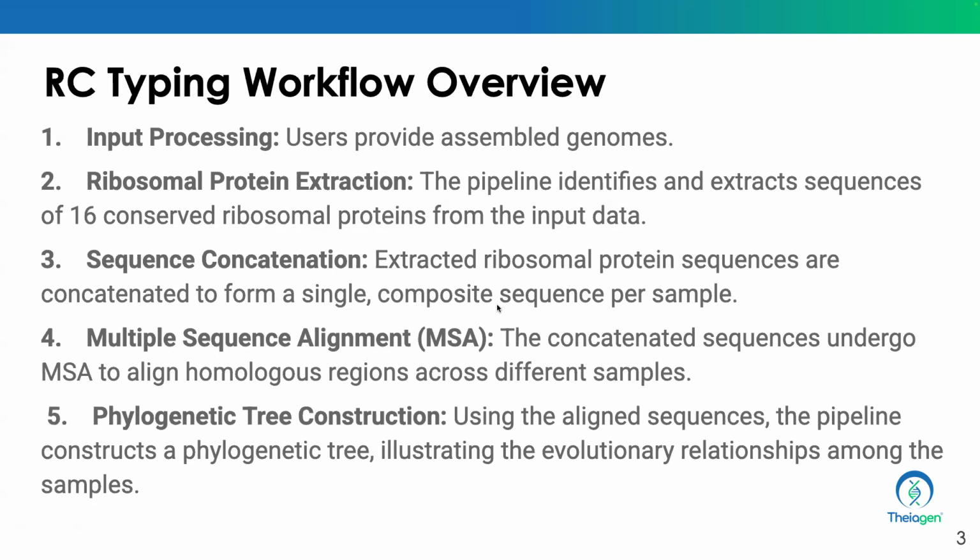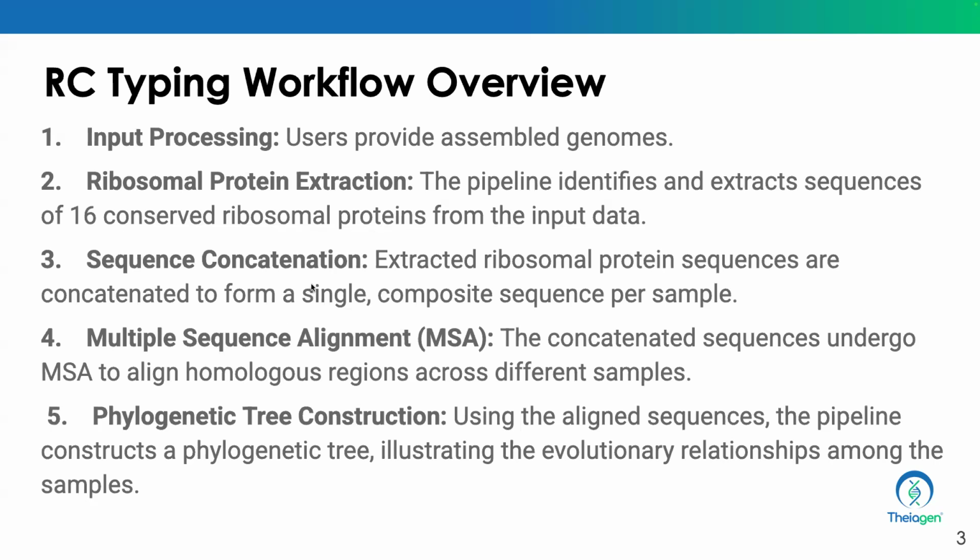And then with each sample now concatenated into a single sequence, you do a multiple sequence alignment where you align homologous regions for the different samples, obviously for the 16 conserved proteins. And then with that alignment, you generate a phylogenetic tree to identify the evolutionary relationships between the different samples.